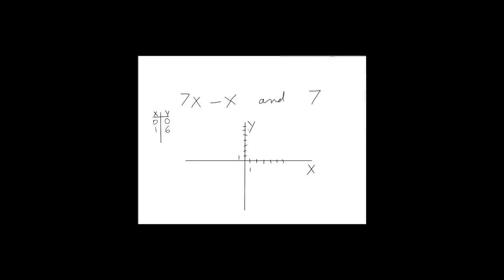Boy, that y is inconvenient, isn't it? Get rid of that. This is 1, 2, 3, 4, 5, 6, 7. So 1, 6 is a point. 0, 0 is a point.